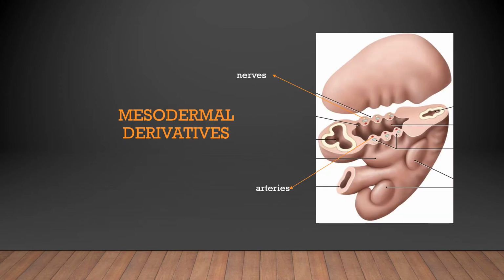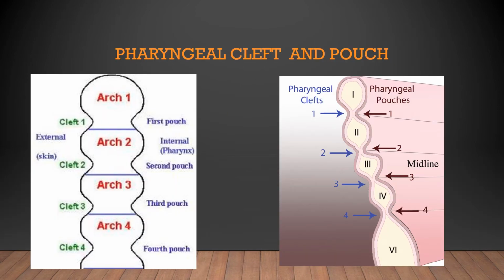Here in the cut section, we can see the mesodermal arches, that is, the mesodermal bar which is traversed by the nerves, arteries, skeletal elements and cartilage. By seeing this line diagram, we can understand how the arch and the pouch form.